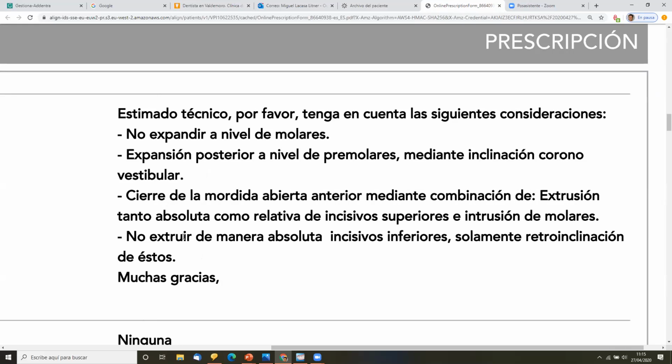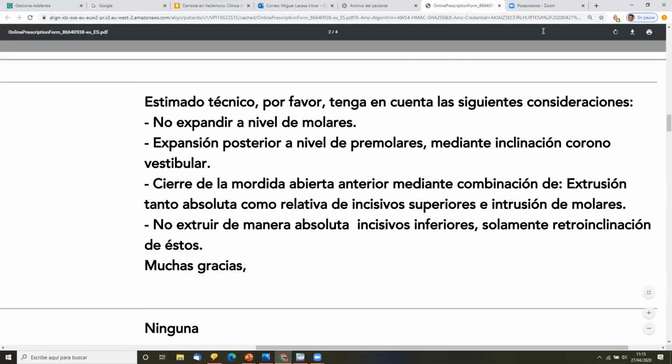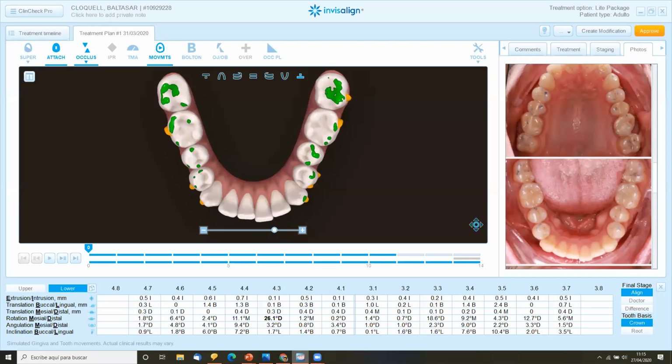Second, next thing, don't extrude the lower incisors. Only retrocline them. Thank you. Okay, so we have read all this and we go now to point 3, comments.